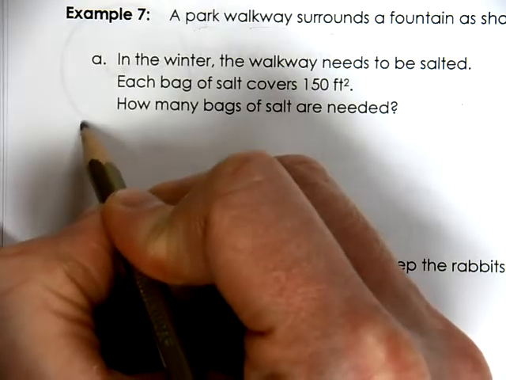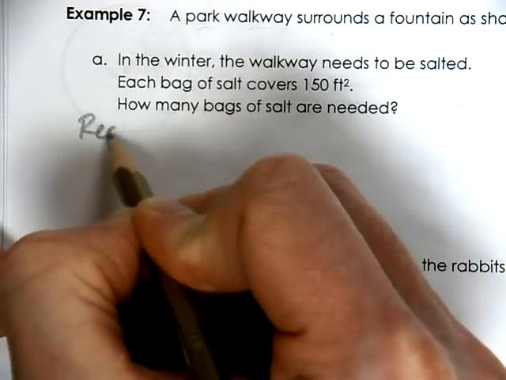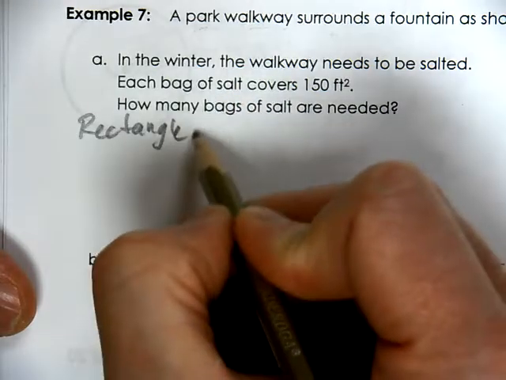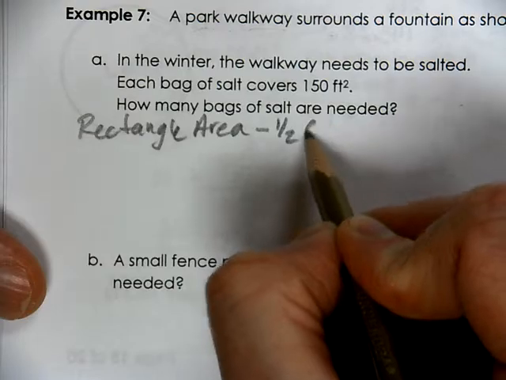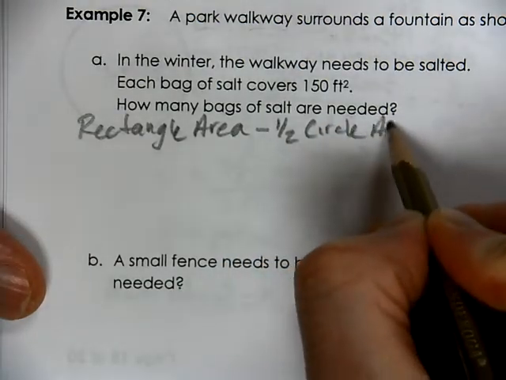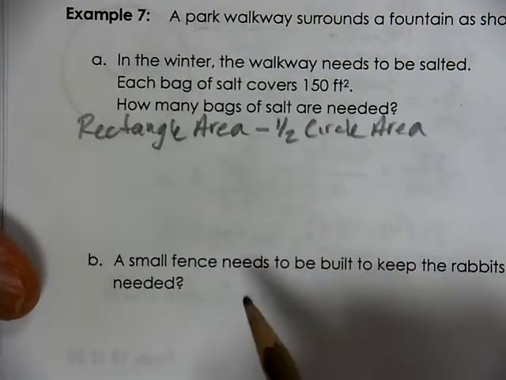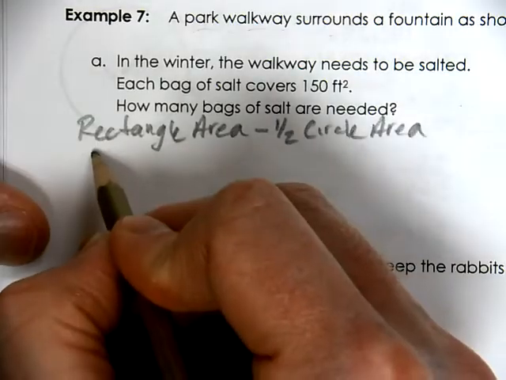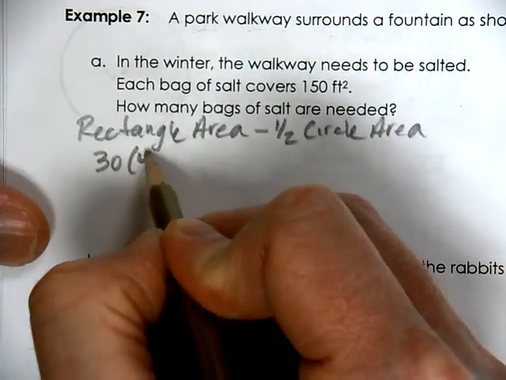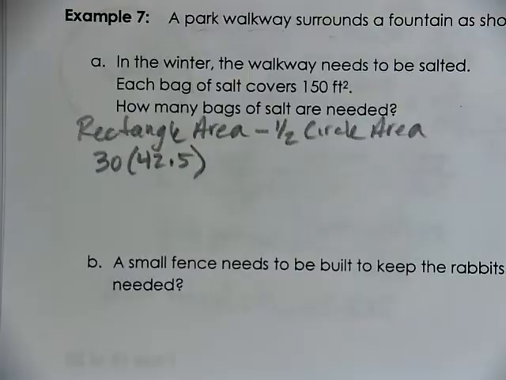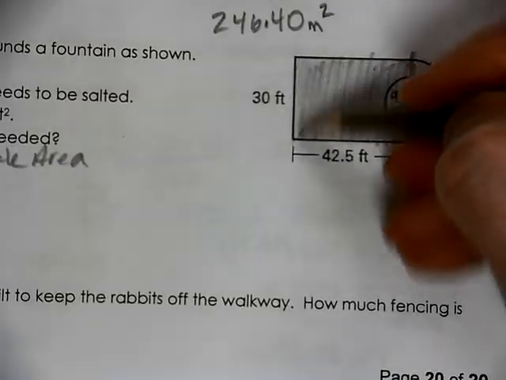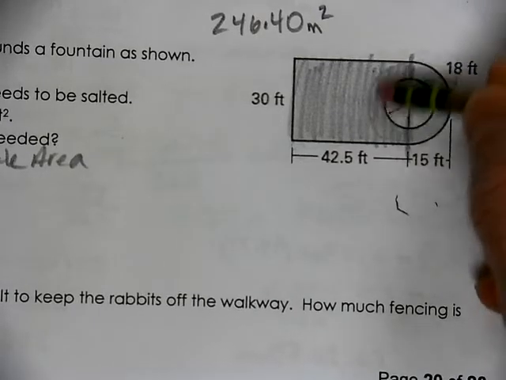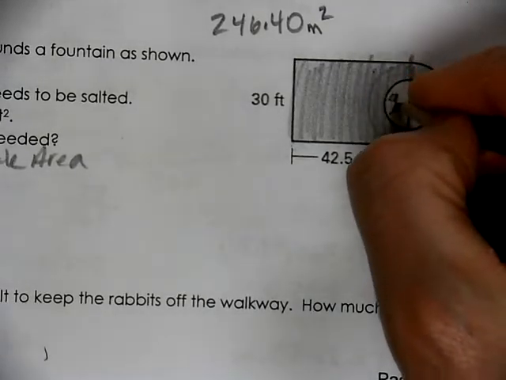We have a rectangle area minus half circle area, which is the fountain. So we have 30 times 42.5. That would shade in everything here in the rectangle, but we don't want to shade in this portion where it has a radius of 9.